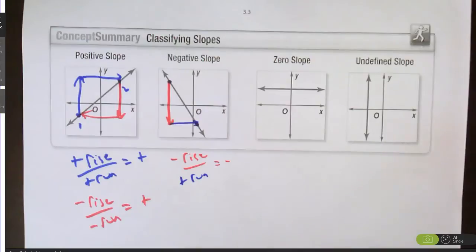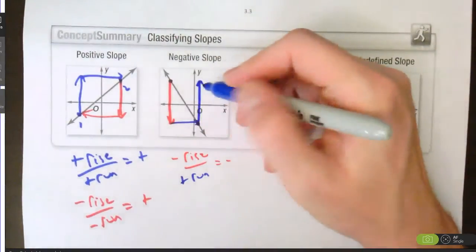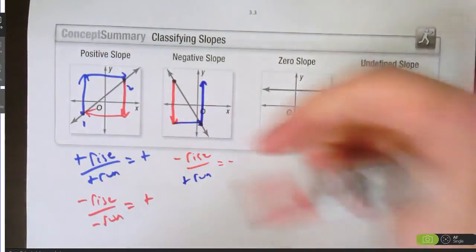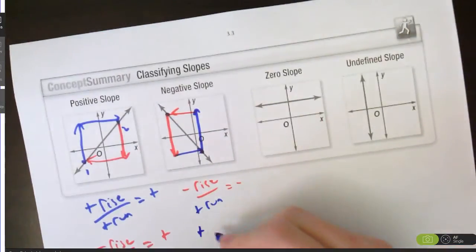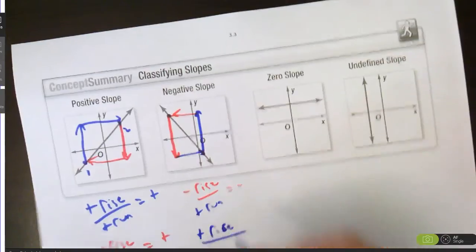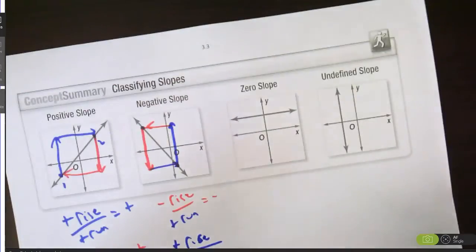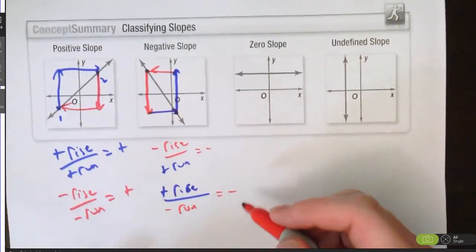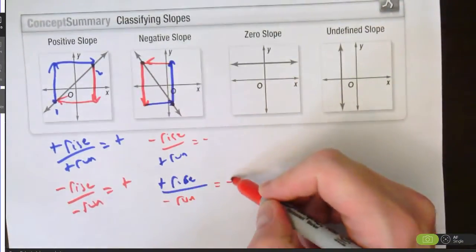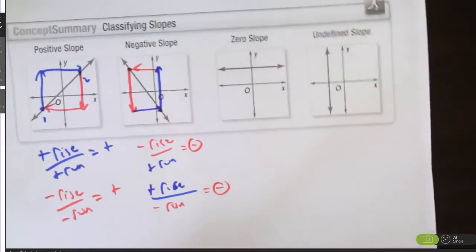Or we could have positive rise, which is going up, over a negative run, which is going to the left. Which a positive over a negative is negative. So it's negative for both.